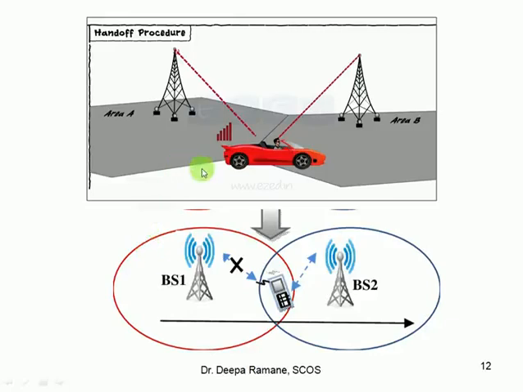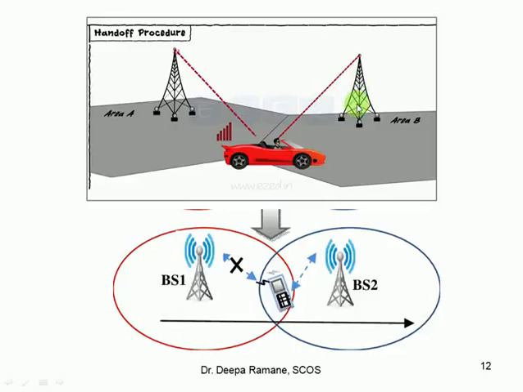See this particular example. When my car is in this particular zone, it will be provided all the services by this particular tower. Now when this man is moving from this area to another cell, he has to be given all the services by this other tower.